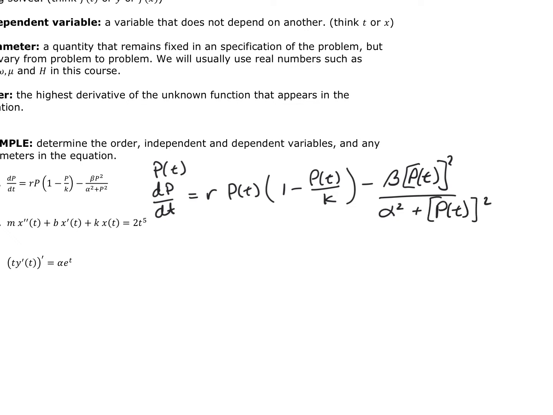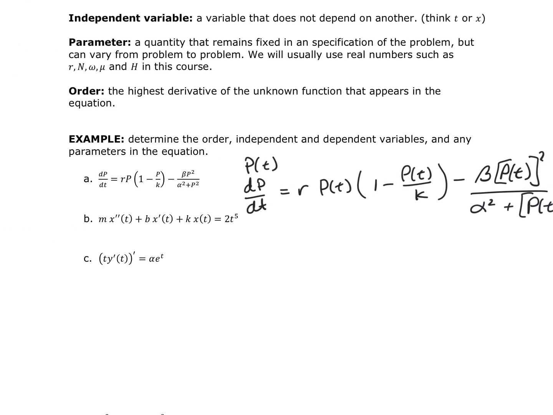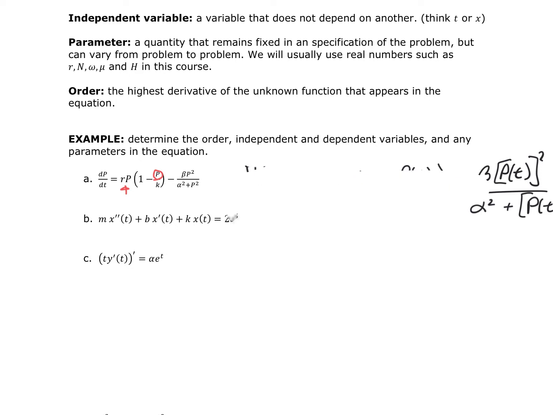It's totally fine to write it like that, and if it makes it easier, absolutely. But to make our lives easier, we're just going to use a p, and it's implied p of t there. So that would be our dependent variable, p of t, or just p, if you will. So our first example is a first order ordinary differential equation because it is in one variable and I have a bunch of parameters.